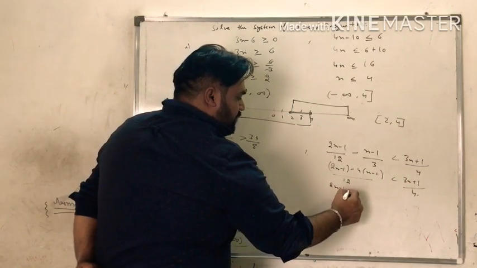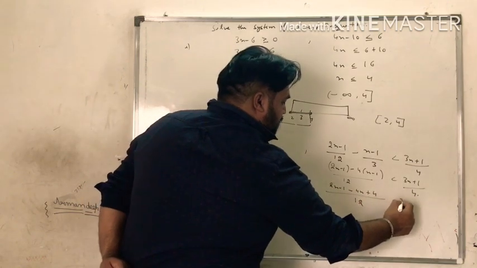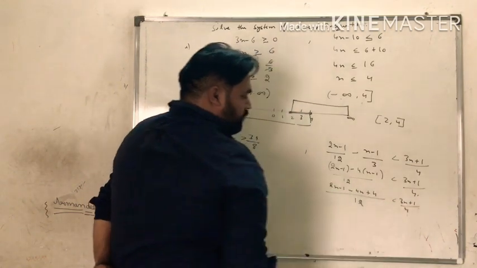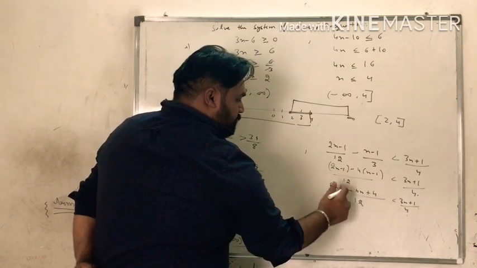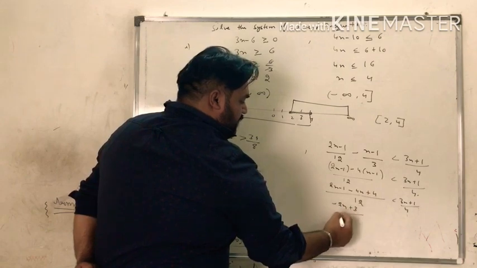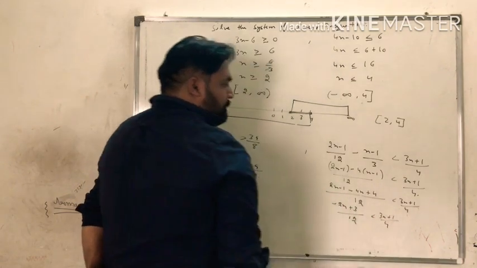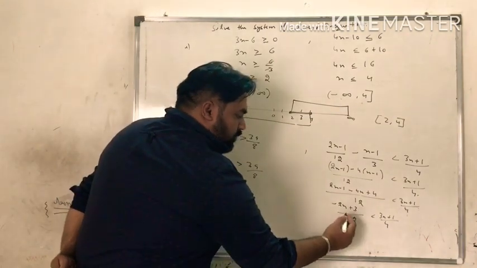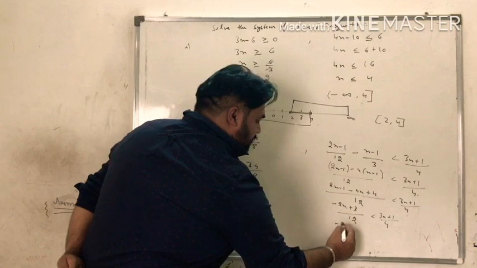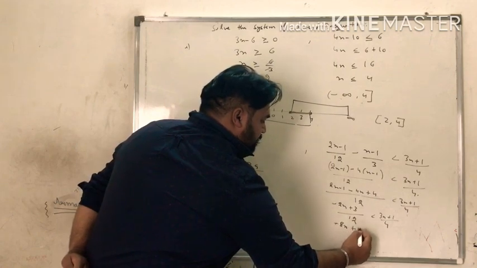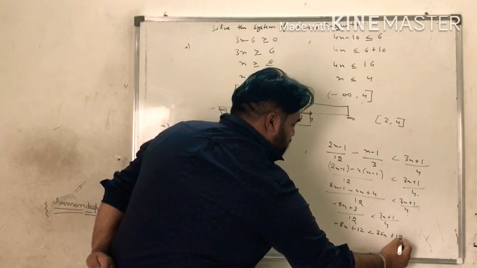Now 2x minus 1 minus 4x plus 4 upon 12 less than 3x plus 1 upon 4. 2x minus 4x is minus 2x, minus 1 plus 4 plus 3, upon 12 less than 3x plus 1 upon 4. Now cross multiply. So minus 8x plus 12 less than 36x plus 12.